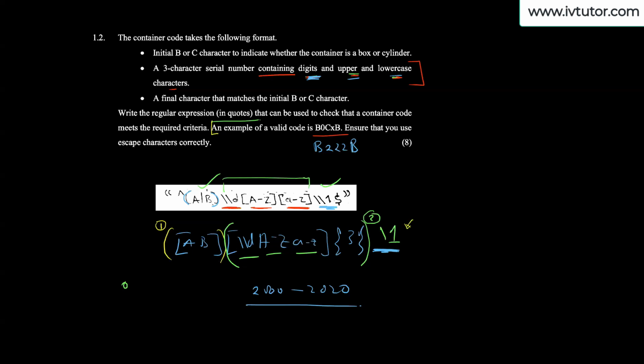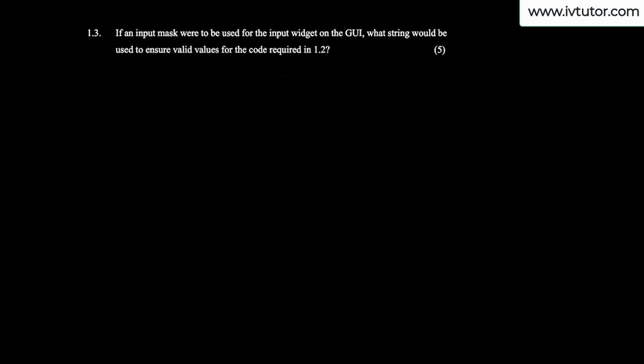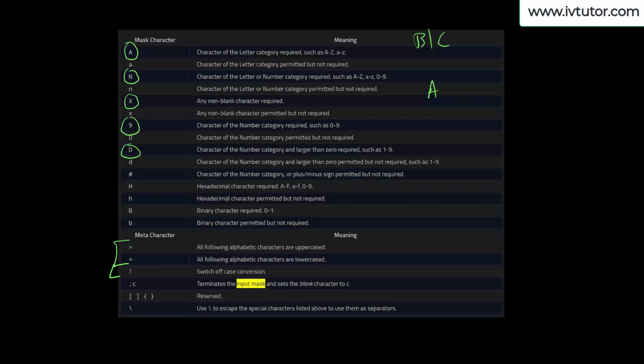That's alphanumeric, pretty much. For an input mask, that is just your N, but it's three of them, so you go N, N, N for 3. And then we said the final character must match the first one, which is an alphabetic character, so I just put A again.